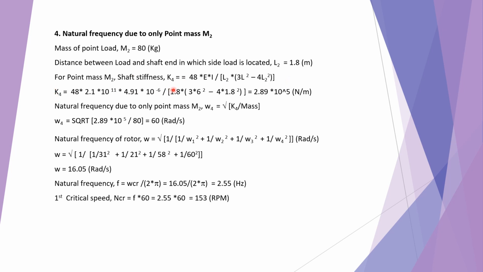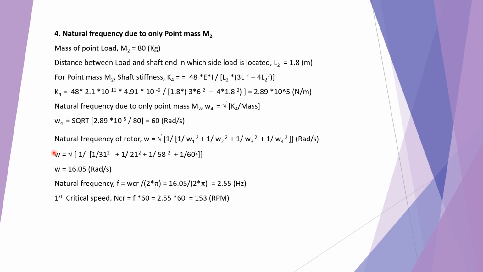So shaft stiffness K4 is equal to 48 EI upon L2 × (3L² − 4L2²). So K4 is 2.89 × 10^5 Newton per meter. So natural frequency due to only point mass M2, W4, is coming 60 radian per second.